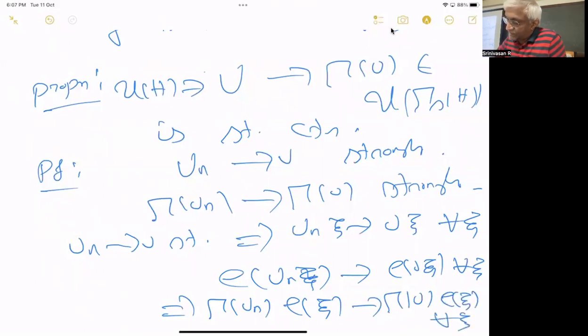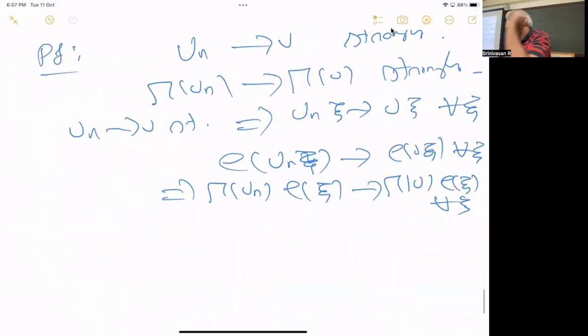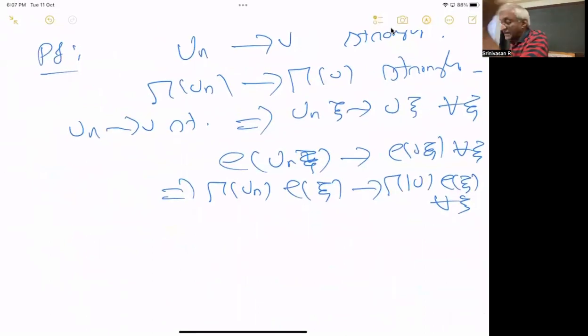Now we want to write it for any vectors, but when the net or sequence is uniformly bounded, this you have to work out. This I should leave as an exercise.